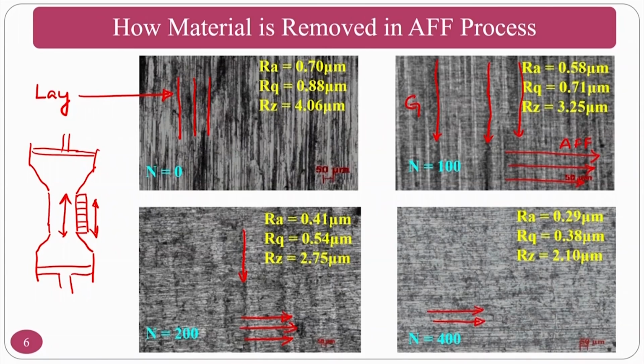And if you see 400 cycles, then you are going to get very good surface marks of the abrasive flow finishing process, and you may not find many of the grinding marks, and you may find only two dominating scratch marks of the grinding process. Okay.